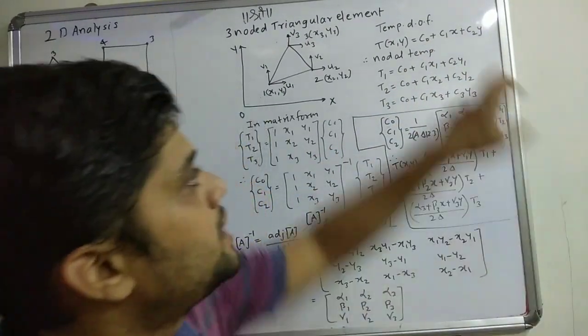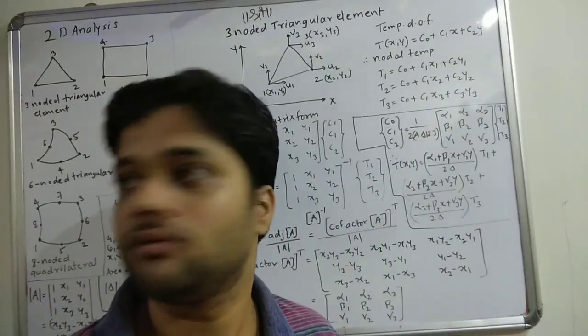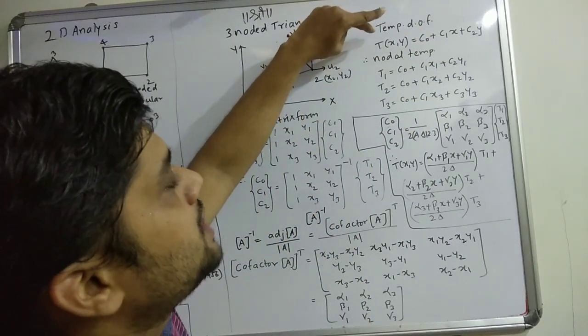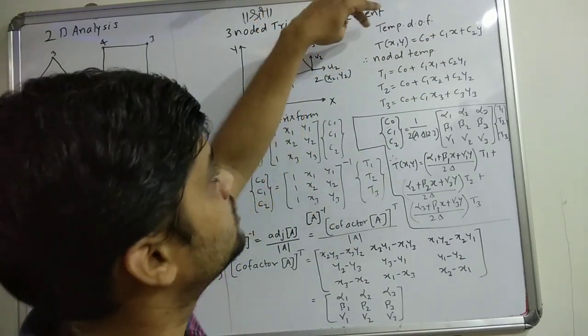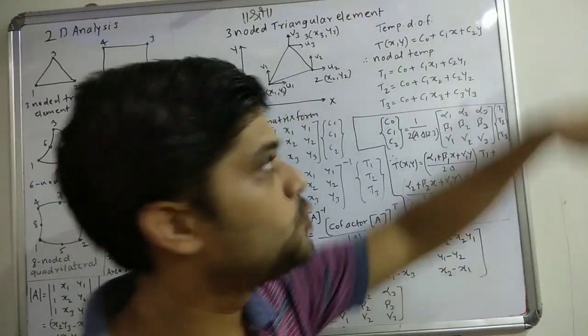As you can see, x power is 1, and it will also have a y power, and that y power will also be 1. So I have a linear approximate function for temperature DOF, that is T(x,y) = C0 + C1x + C2y.